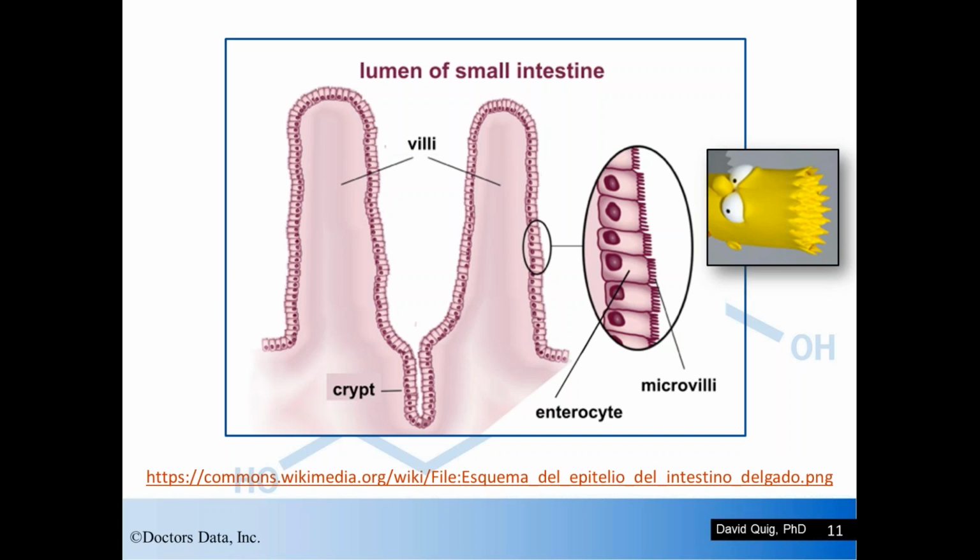Also, if you really use your imagination, you can see those little itty-bitty ears that might be pictured to be analogous to the tight junction proteins that hold these columnar epithelial cells together to prevent the influx of macromolecules.